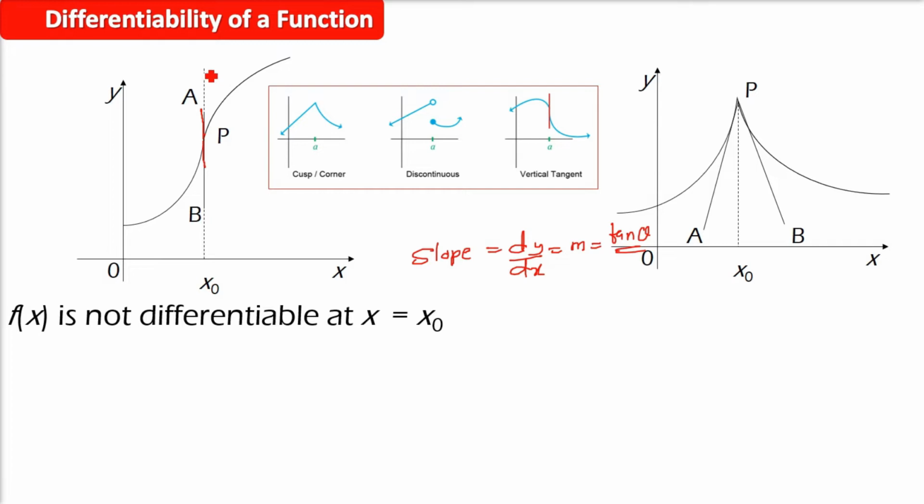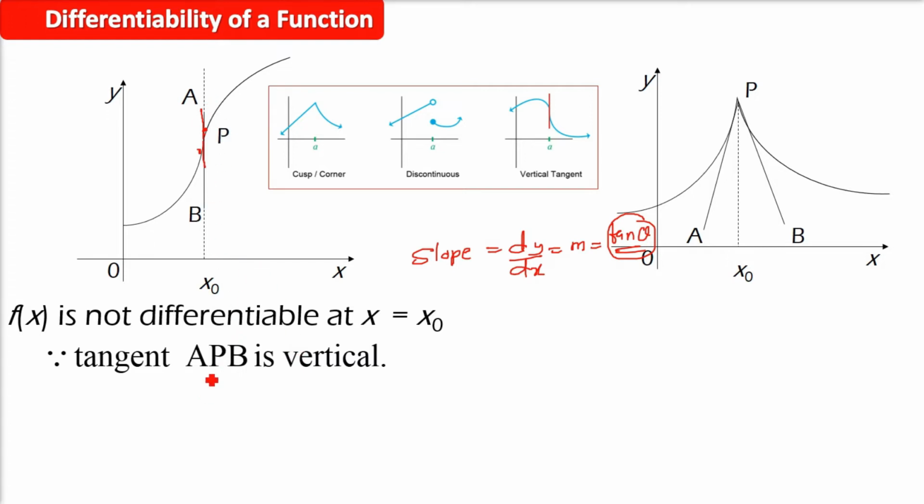But the problem here is there is a straight line, the slope is equal, but it is a vertical line. But I am talking about tan theta. What is the tan theta? It is infinite. It is not defined.